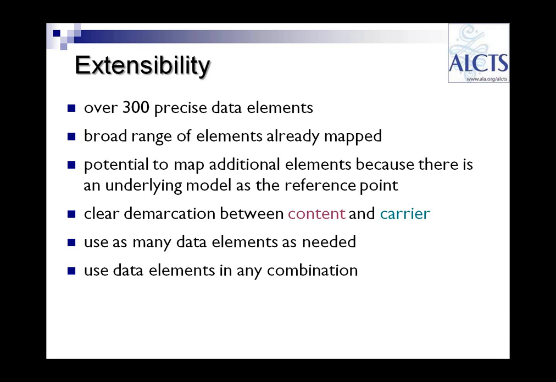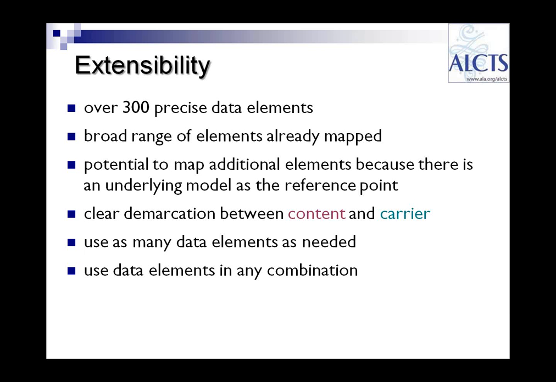You can use as many elements as you need, and you can use them in any combination. So if you come across a new kind of resource, you may end up using a new combination of data elements. But also, because there's an underlying data model, you have a reference point against which you can map additional elements.